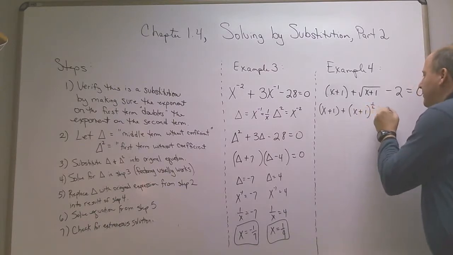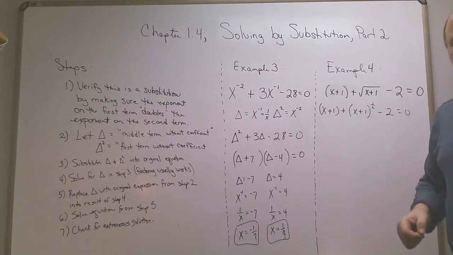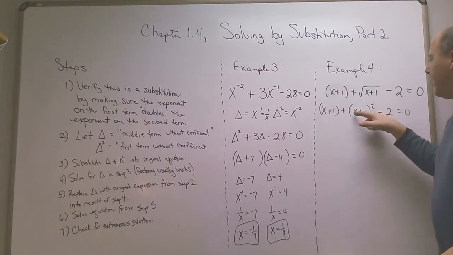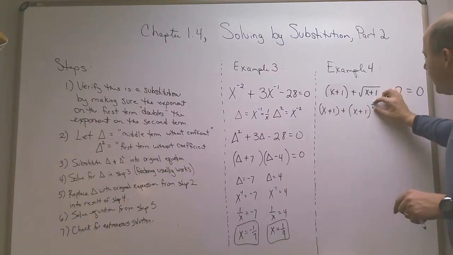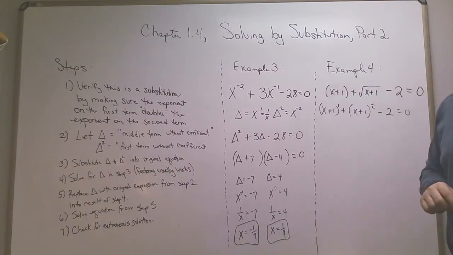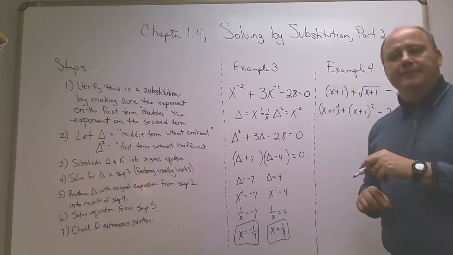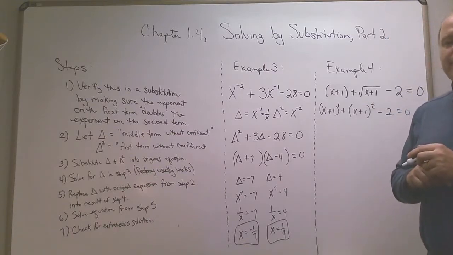And that's why people miss it right there, because they don't recognize that the square root of x plus 1 is actually x plus 1 to the 1/2. If you can get that, you will be able to identify that this exponent is 1/2 and this exponent is 1. And indeed, 1 does double 1/2. 1 is twice 1/2. So it is a substitution type problem.